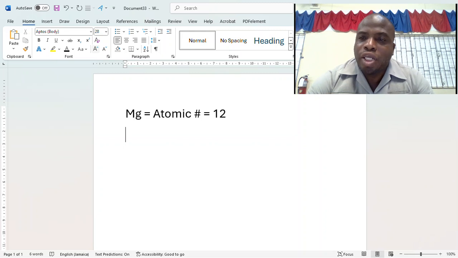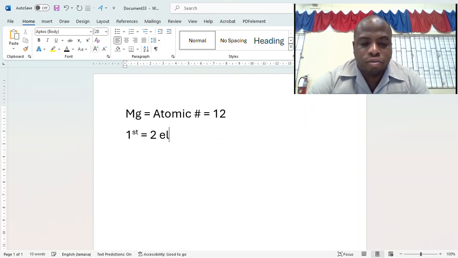Now, in terms of the electronic configuration at year level, what we say to students is that each energy level, remember we spoke about the position of the electrons. If we're talking about the first shell, that shell can hold 2 electrons.